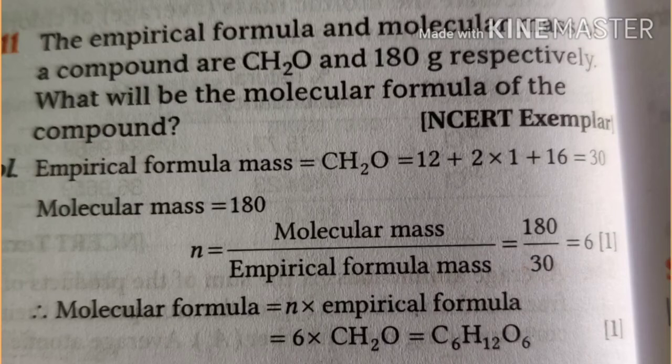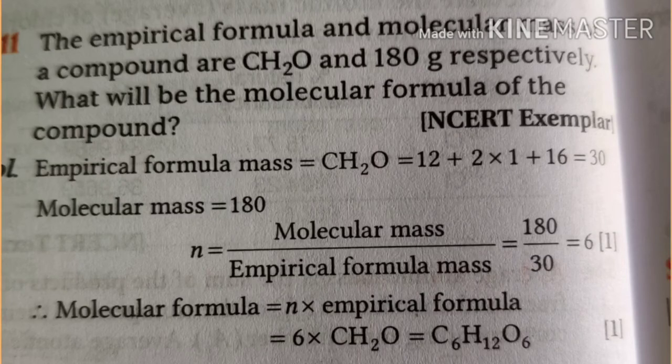Molecular mass is 180. n is equal to molecular mass divided by empirical formula mass, which is 180 divided by 30. So the value of n will be equal to 6. Now molecular formula is equal to n into empirical formula. As n into CH2O, this is equal to C6H12O6, which is the formula for glucose.